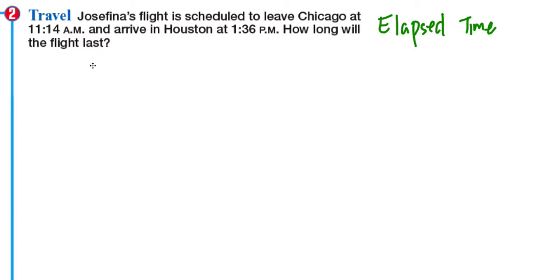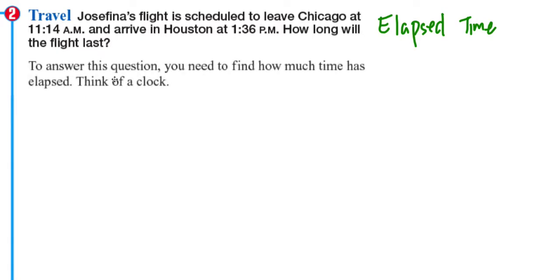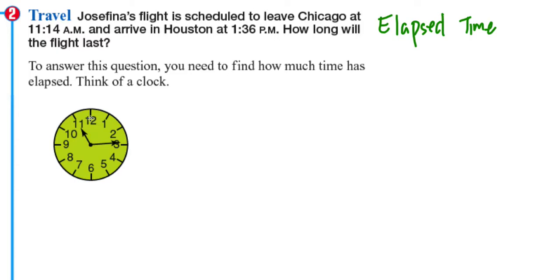So to be able to solve this problem, let's take a look at a clock. To answer this question, you need to find how much time has elapsed, or has passed, and that's the reason why it's called an elapsed time problem. Let's think of a clock. We know that a clock goes from 12 o'clock, and we start at 11:14 a.m. In the morning the clock will stop at 12 noon.